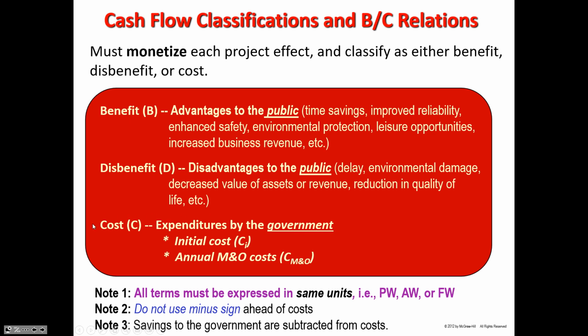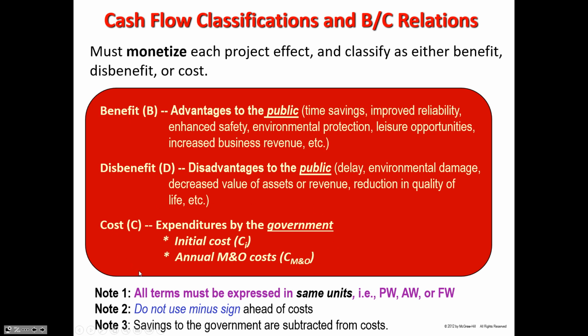Now, in the formulas I'm going to show you, costs are already known to be outflows, so you don't have to use the minus sign in these ratios. And if there is going to be a saving to the government as a result of some sort of project, that would just be considered a direct economic benefit that is subtracted from the cost.